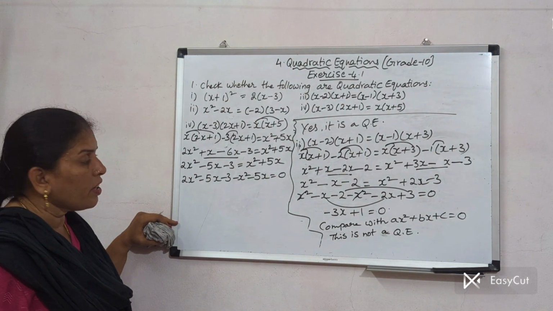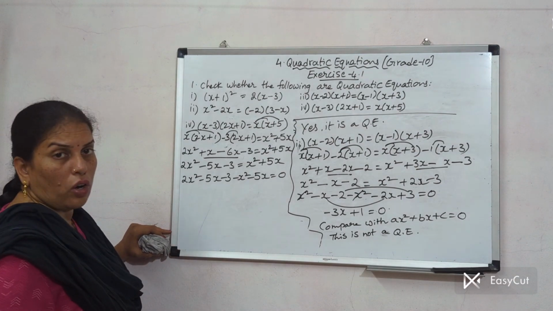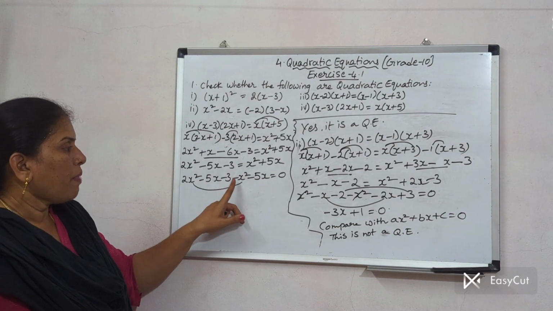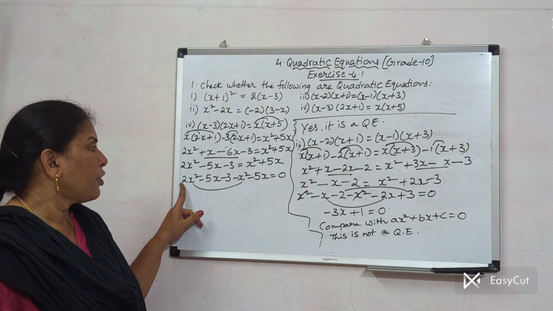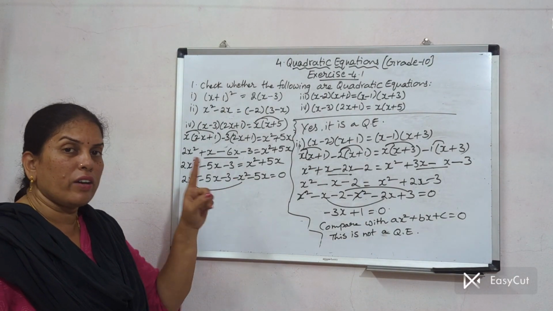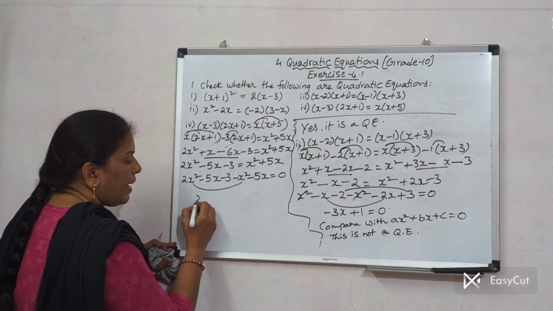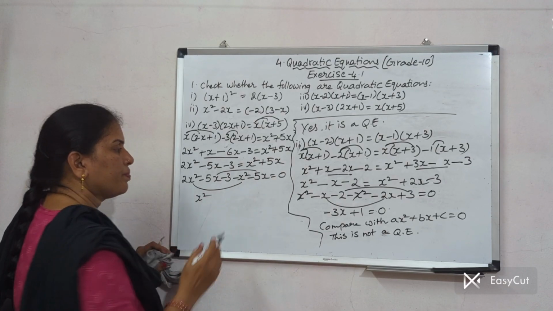Is there any possibility of cancellation? No, not there. So, these two x square terms: minus is there, here plus will be there. Opposite signs means subtraction. 2 minus, what is the coefficient here? 1. 2 minus 1 is 1. No need to write 1. x square. Okay?